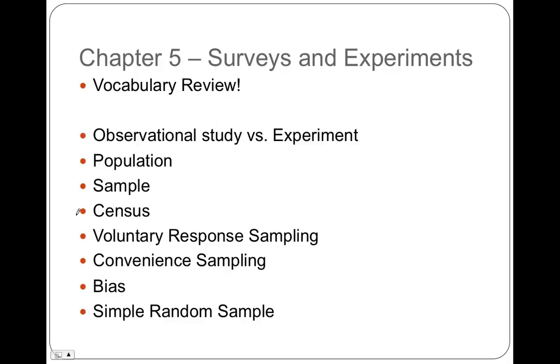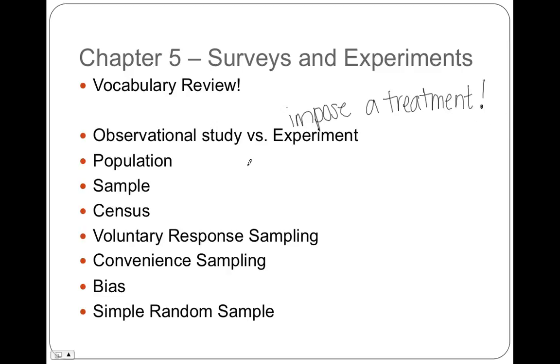All right, let's do a quick vocabulary review, and then I'm going to give you one final homework assignment for this chapter. We need to know the difference between an observational study and an experiment. And the key difference is that in an experiment, we are imposing a treatment. In an observational study, we are not.